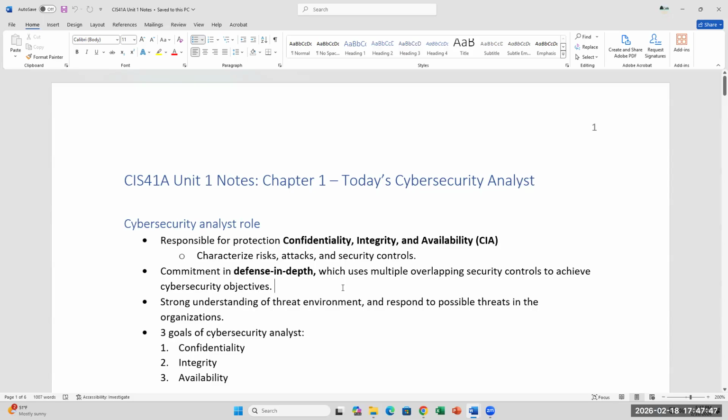You, as an analyst, are going to be defending systems and networks using defense in depth, right? You guys remember this? So what does that mean? That means that we don't have one answer for security. We would have to do many different things.